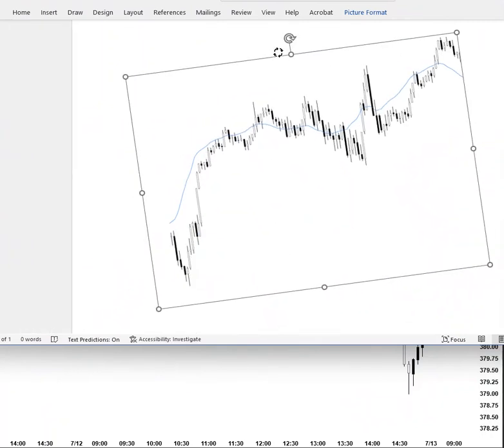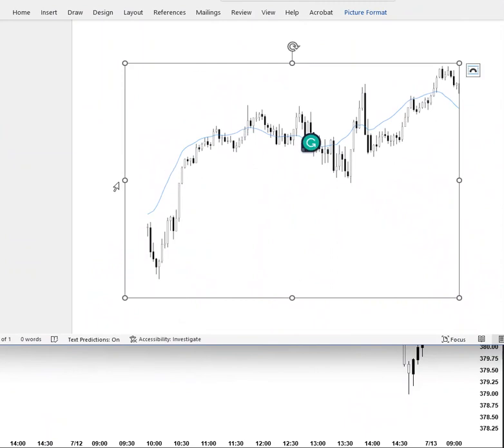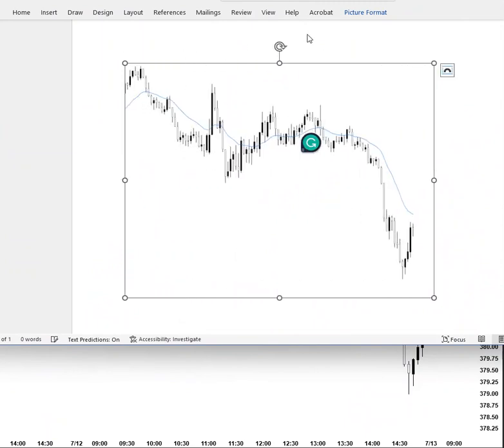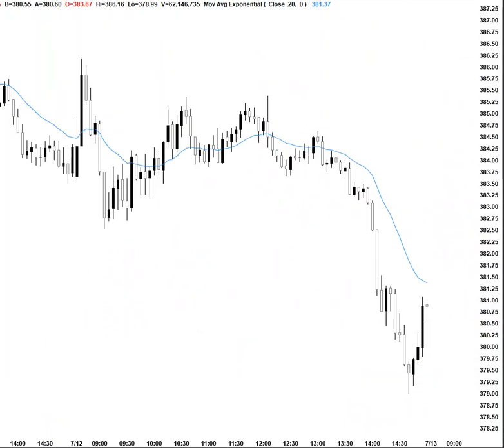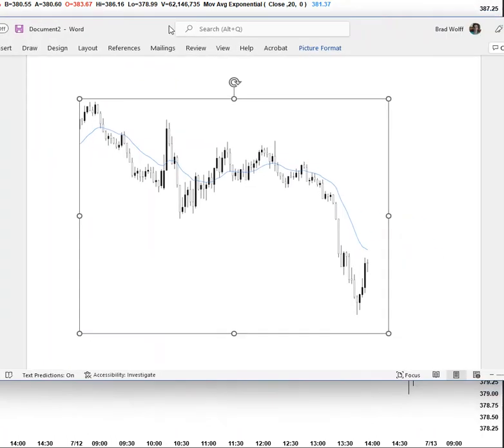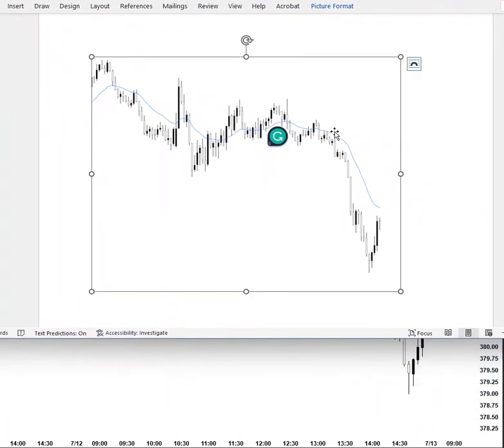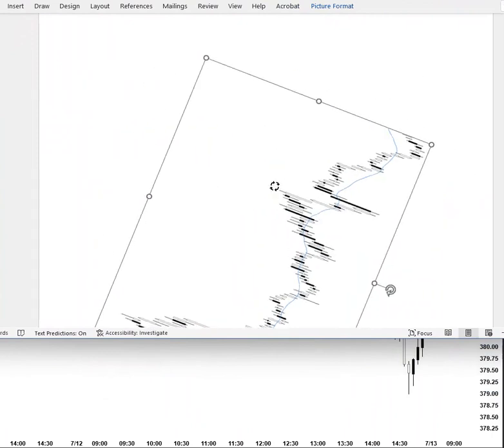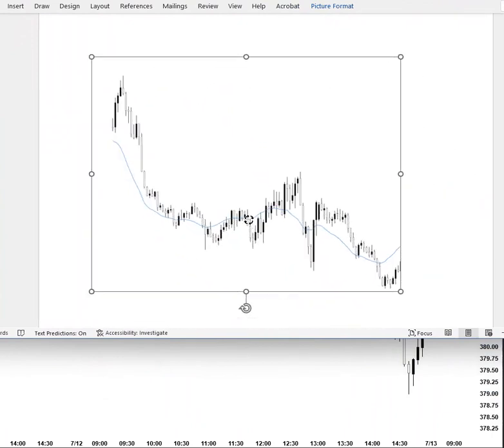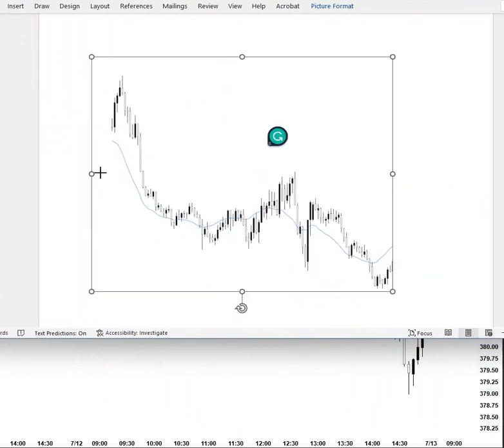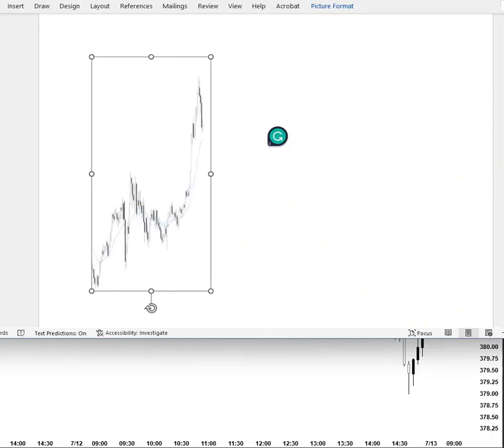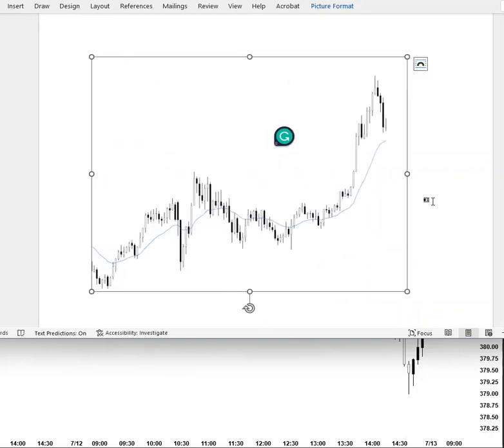So originally it looks like this. This is an exact reflection of that chart on TradeStation. And what I'll do is I'll take the chart, I will flip it like this, and then I'll drag it from the left side to the right side, and it creates an inverse of the chart.